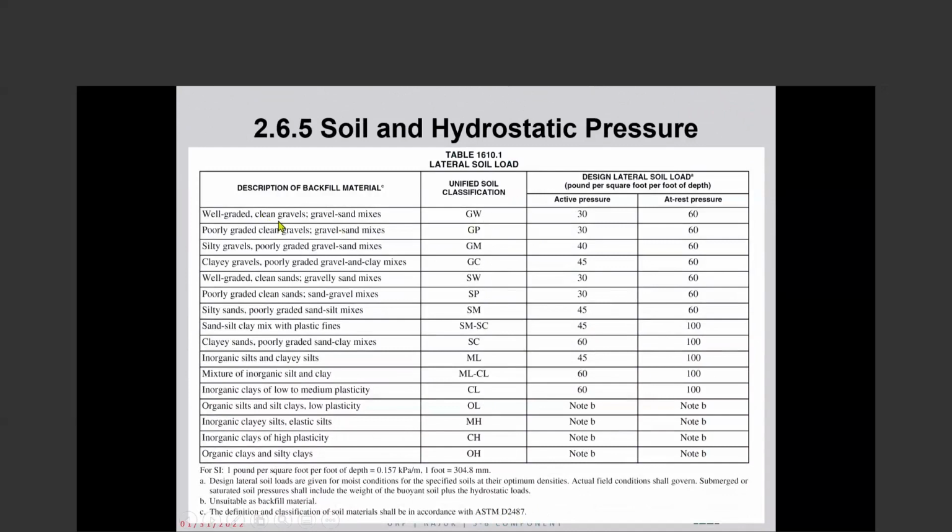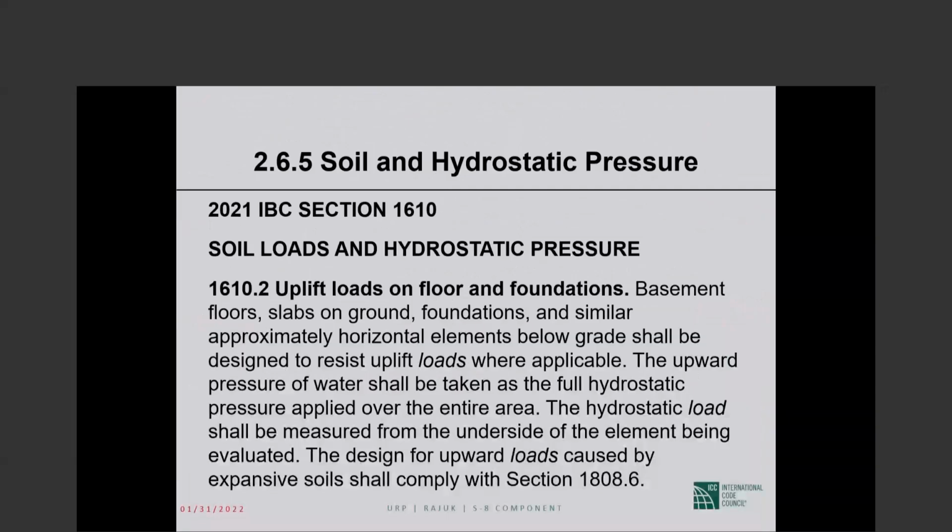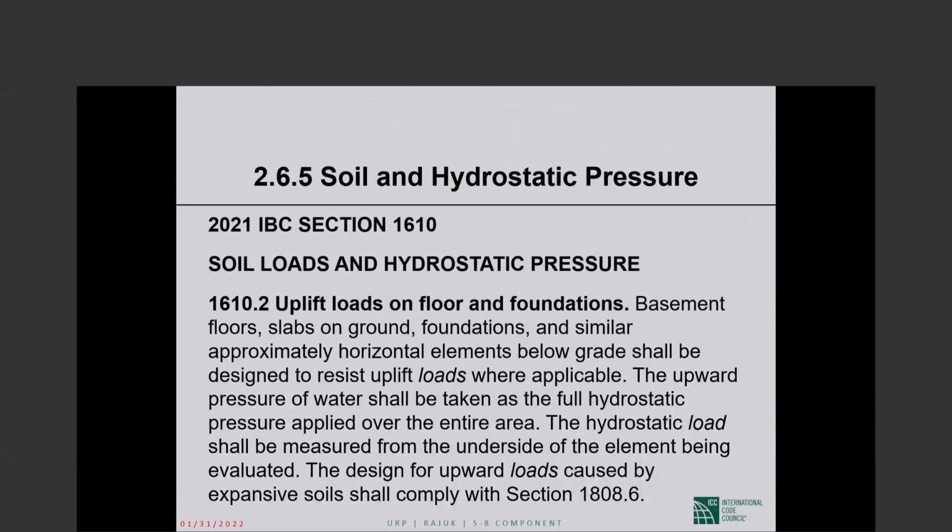Okay, well graded, clean gravel sand mix. This is GW. To CL is inorganic clays of low to medium plasticity. Depending upon what kind of soil you have, the lateral pressure that you can use in design. You don't have to, but you are allowed to use those values.